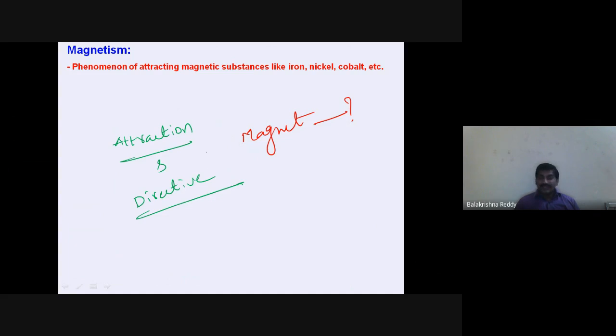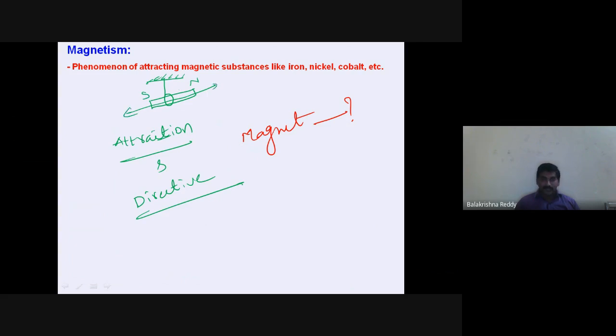If anything is said to be a magnet, if it hangs like this from any roof, or if you're holding it, it always comes to rest in the north-south direction only.